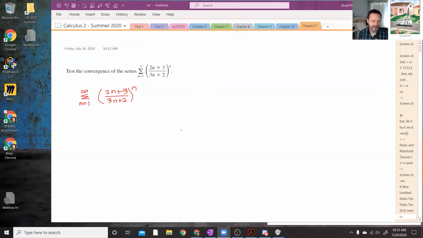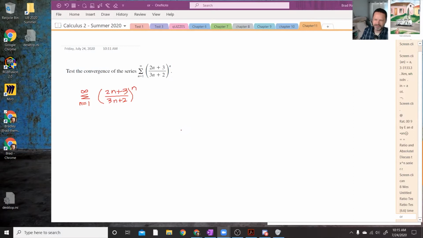If it approaches zero, a lot of times we're thinking it's probably going to be convergent, right? Unless it's those p-series that aren't. Which in this case it doesn't look like it.